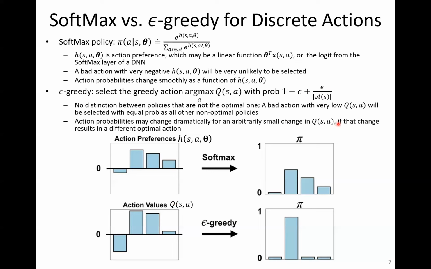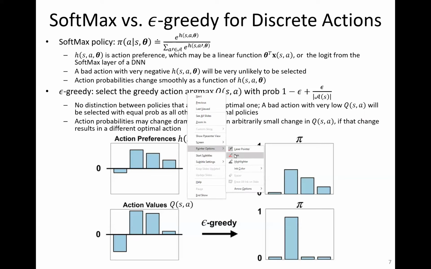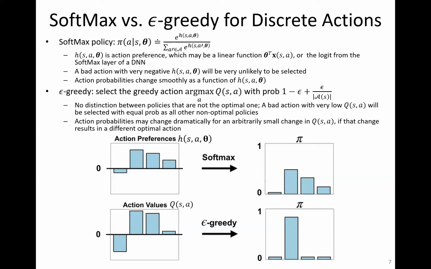A bad action with a very low Q value will be selected with equal probability as all the other non-optimal actions. Here, the three non-optimal action choices, even though they have very different Q values, have the same probability of being taken based on epsilon greedy, which is not really reasonable.